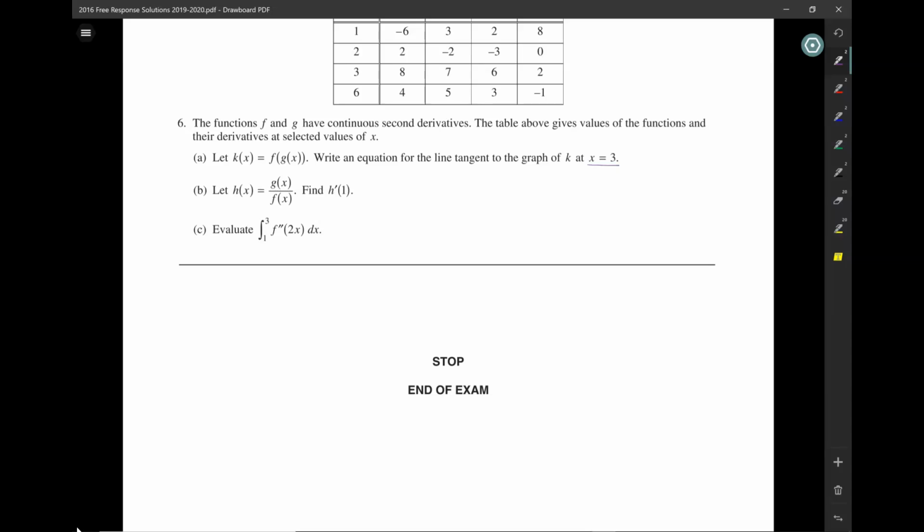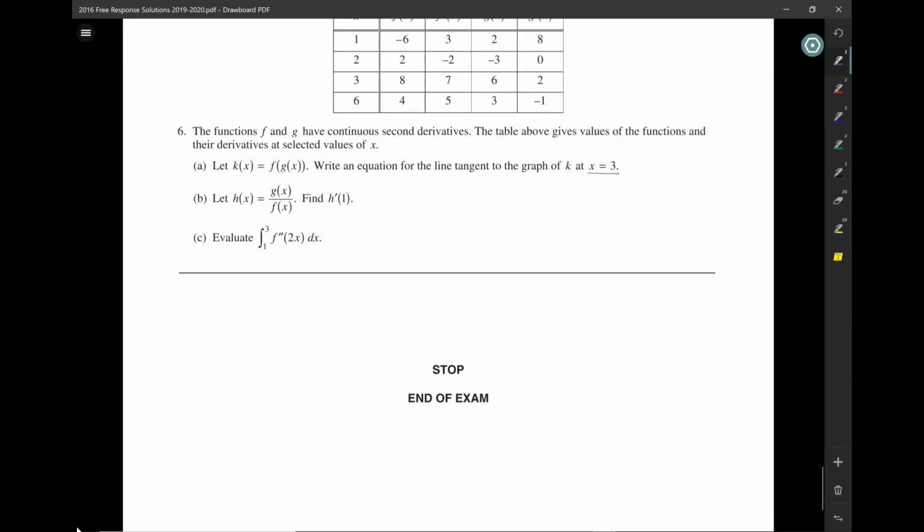So what we need first is the slope. k prime of x is f prime of g of x times the derivative of the inside, g prime of x. That right there is the point of this problem. It's them wanting to know, do you know that this is a chain rule? Okay? So now we need this at the point 3.